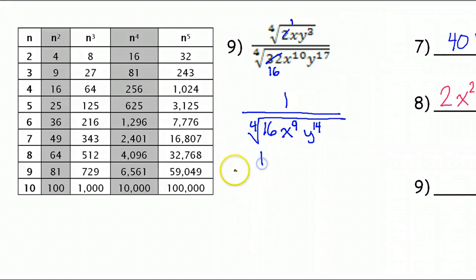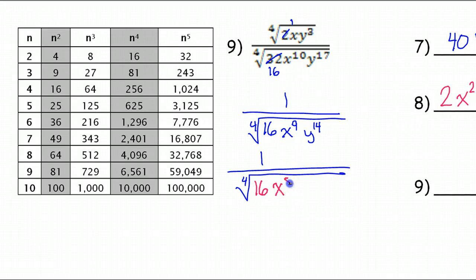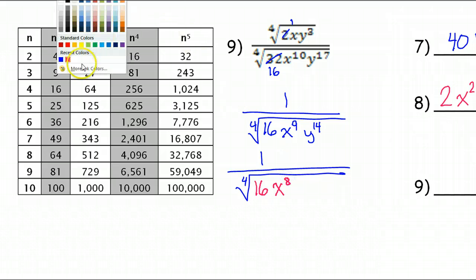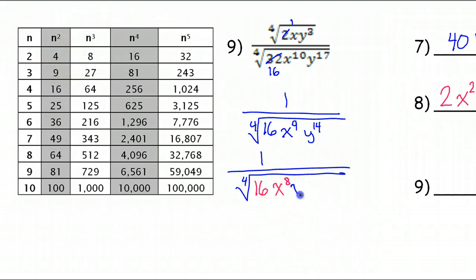Now I'm going to see what I can simplify and what needs to be split apart. Fourth root, huh? Now 16, right there on the list. 16 is a fourth power. So I'm just going to write that in pink. It is ready to go. 9 is not divisible by 4. So I'll have to split this up as x to the 8th power with one extra x left over to make 9. 14 is not divisible by 4.